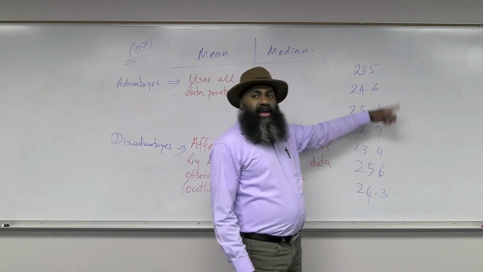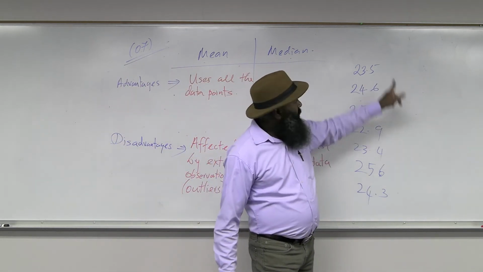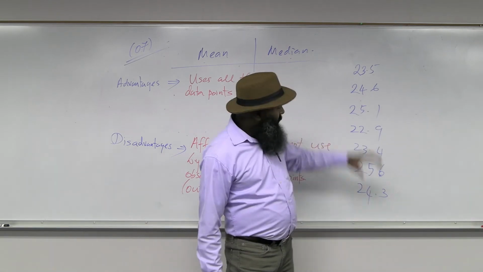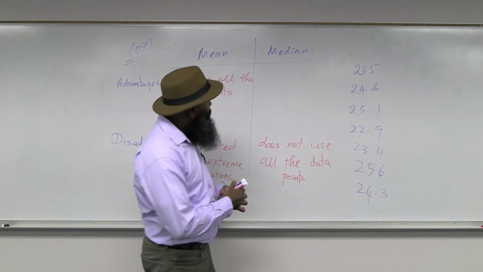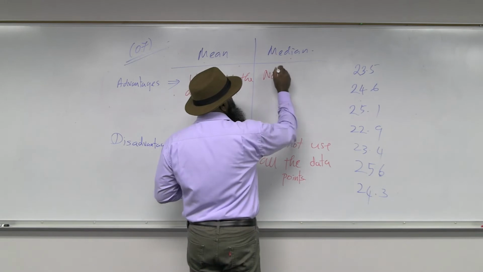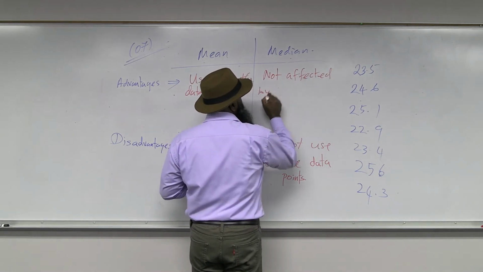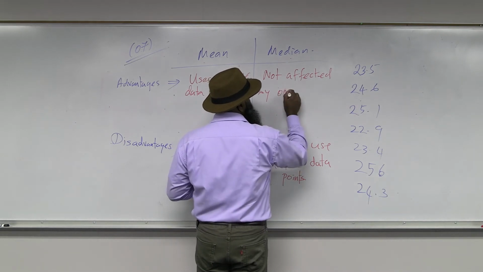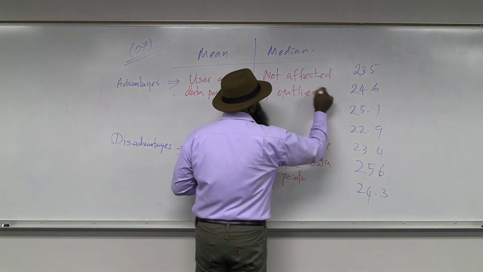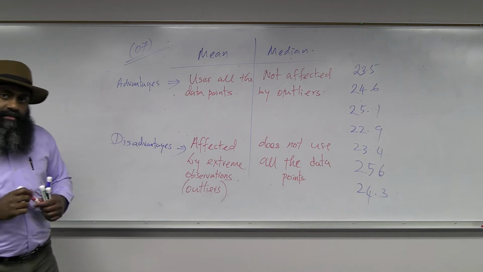And median will never pick those starting points or the end points. It will only pick the midpoint. So it is not affected by outliers. So that's an advantage of the median.